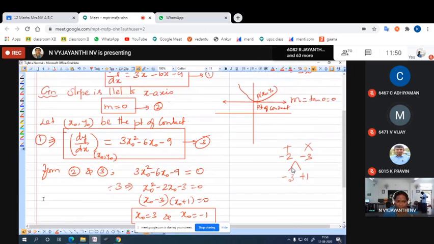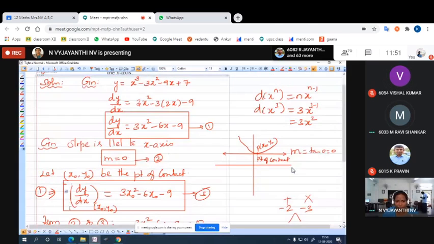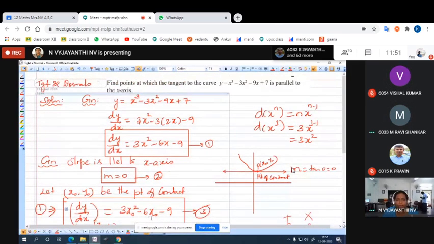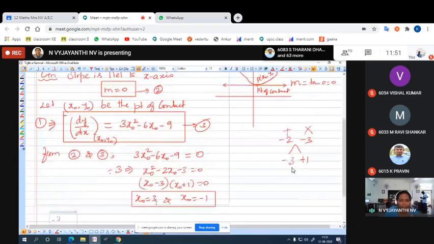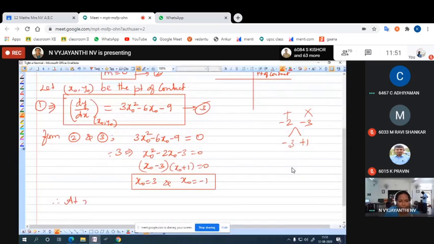What is the question? Points they have asked. 3 comma −1. At x₀ equal to 3, what is y₀?